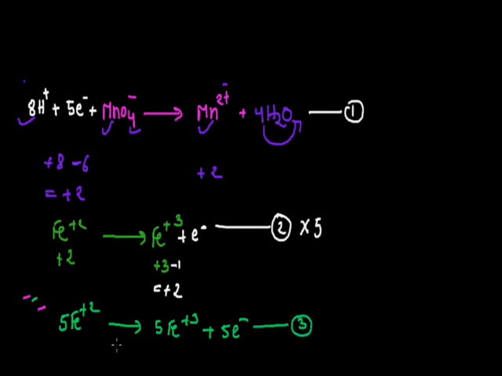Now we are adding the first and third reactions. The third reaction is 5 Fe plus 2 undergoing 5 Fe plus 3 plus 5 electrons. Here on one side the charge is plus 10 and on the other side the charge is plus 15, so we add 5 electrons.